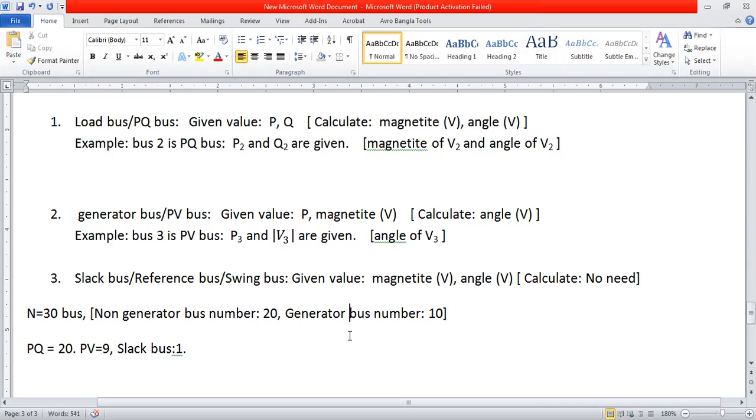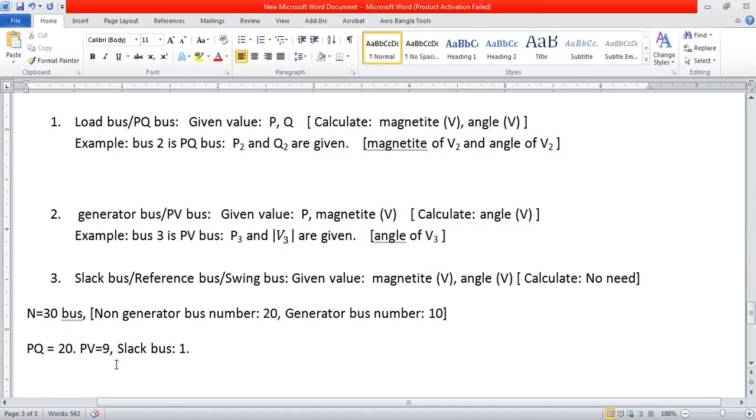But within these 10 generator buses, one bus should be the slack bus or swing bus. So the slack bus or swing bus number is 1, the number of generator buses should be 9, and the rest of the buses are load buses.